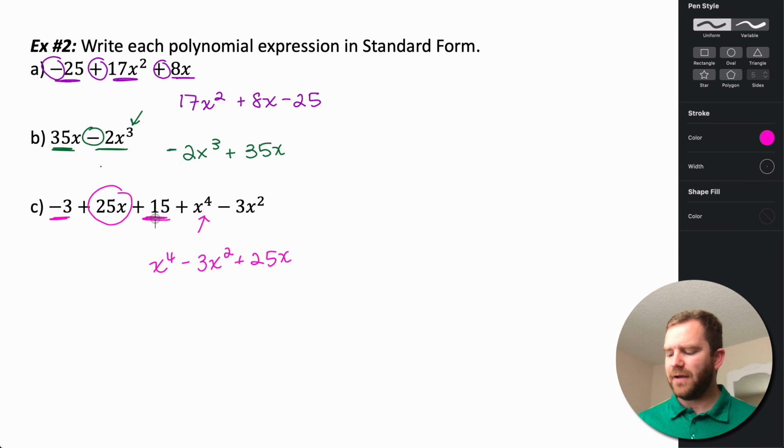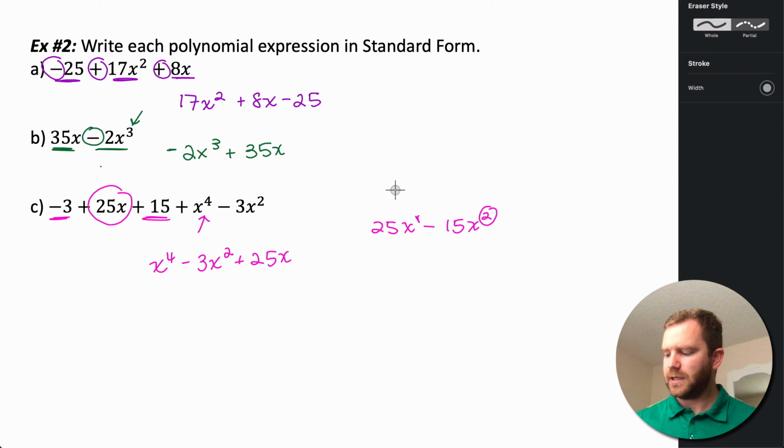Anytime you have something that can be put together, we call those like terms. And like terms happen when they have the exact same variable makeup. So 25x, if there was another, let's say 15x, then we could subtract these to make them 10x. We could combine them because they have the exact same variable composition. 25x and 15x squared are not like terms because they don't have the same exponent.